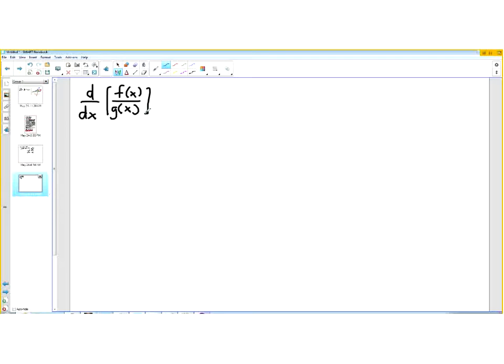Okay, so start off by saying big F of x is equal to the ratio of the two functions. Okay, and then we use, again, the definition of the limit of the difference quotient. The solution in the book is very difficult to follow, so I would suggest using my technique here.